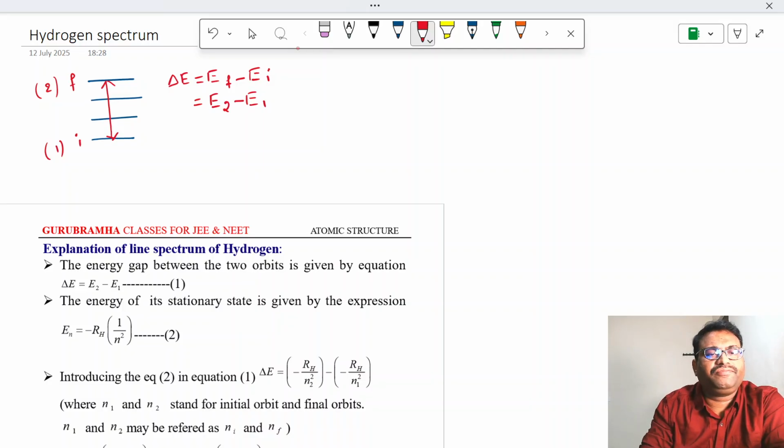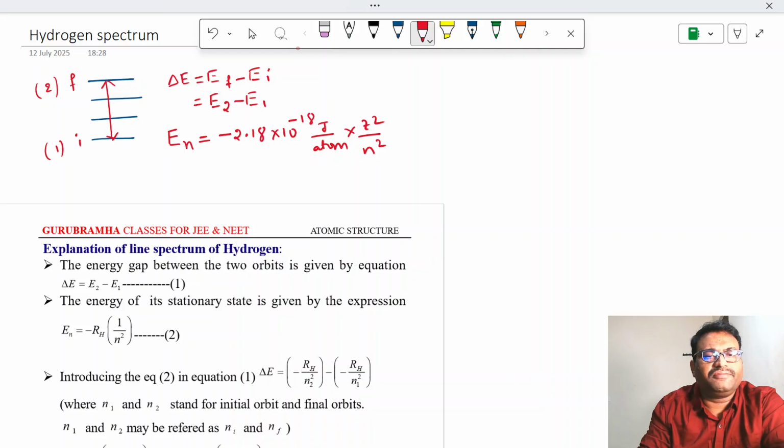And when you have derived a formula to calculate the energy of a stationary state, the energy in the nth stationary state is given by minus 2.18 into 10 power minus 18 joule per atom into Z square by N square.